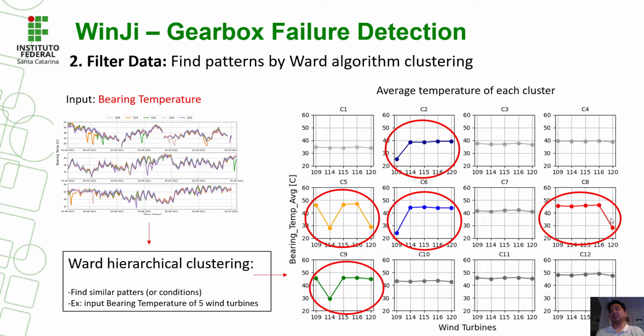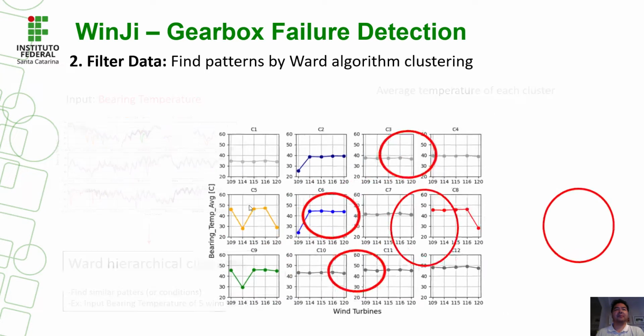Another one is 120, which is cluster 8. And 114 is related to this one, and we have some coincidence and detect at the same time a problem with these two turbines.